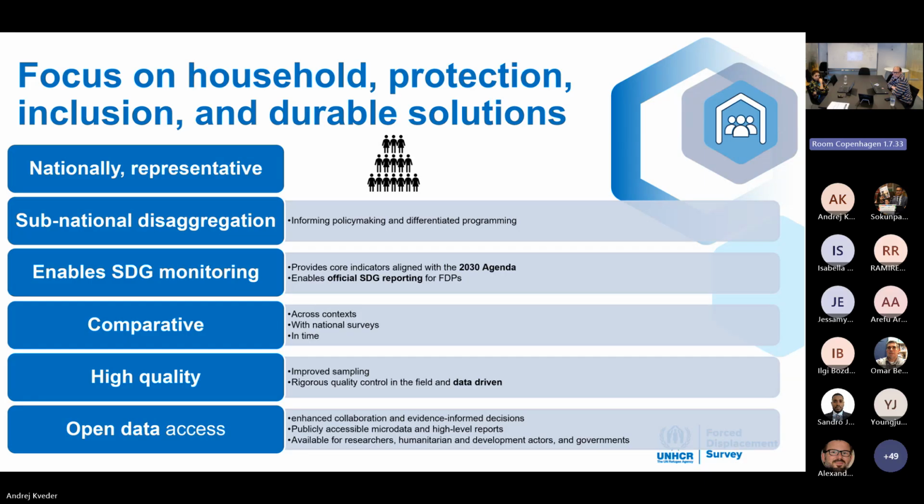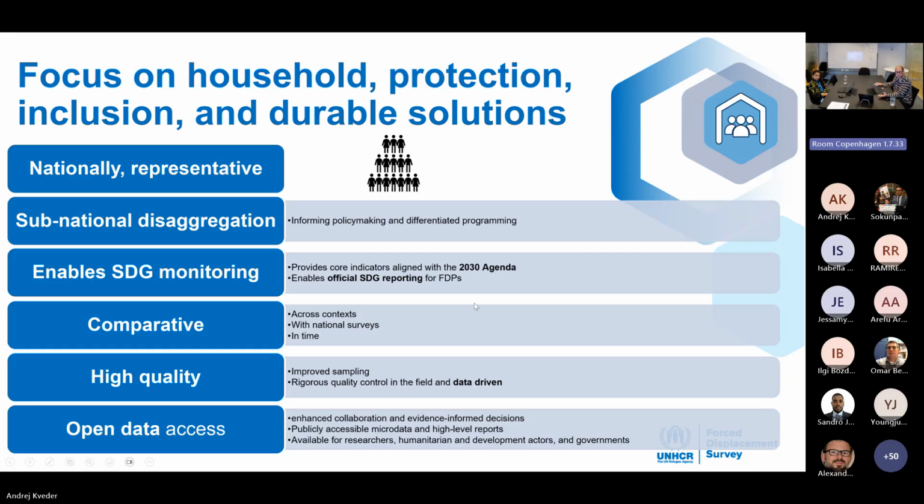As you have seen from the previous slide, the sample sizes are big enough to allow the data to be subnationally disaggregated, and the sampling designs are built to support these disaggregations, which are particularly focused on the key elements required for programming, expressed by the government or partners on the ground.